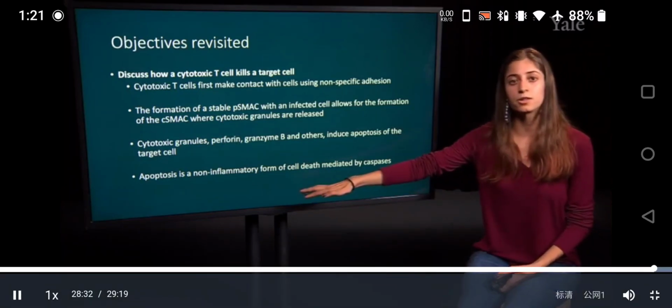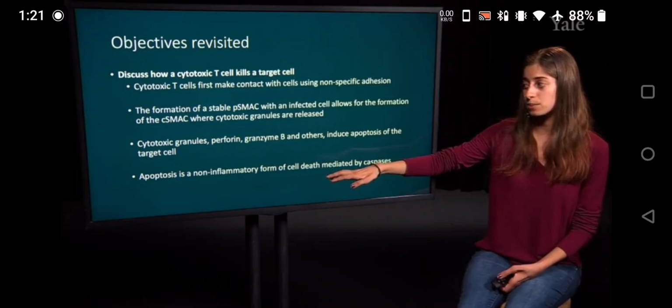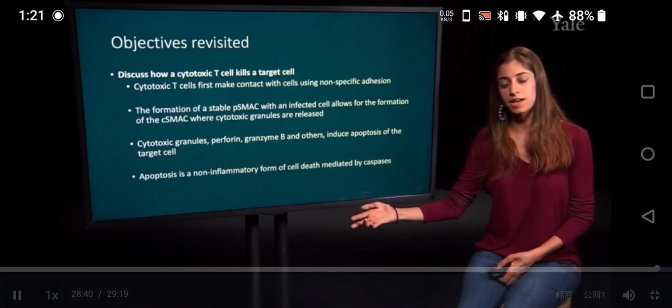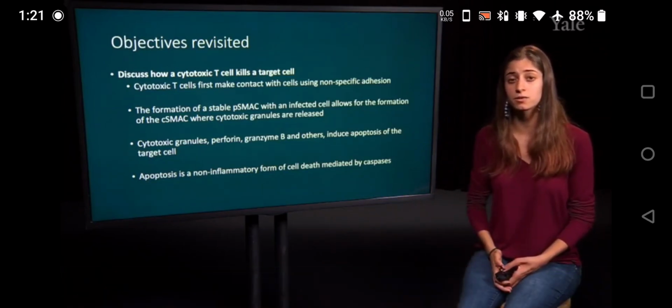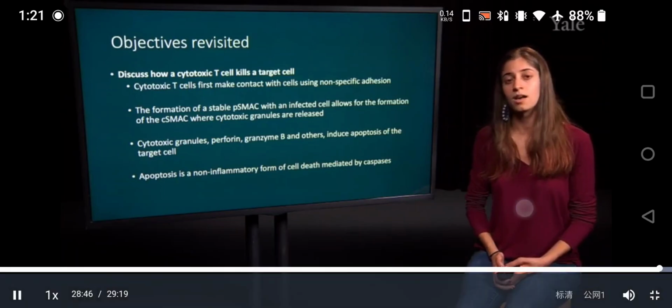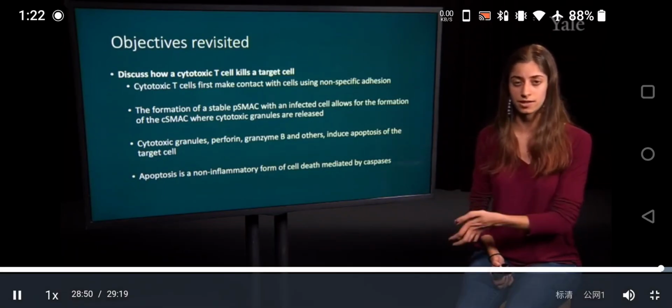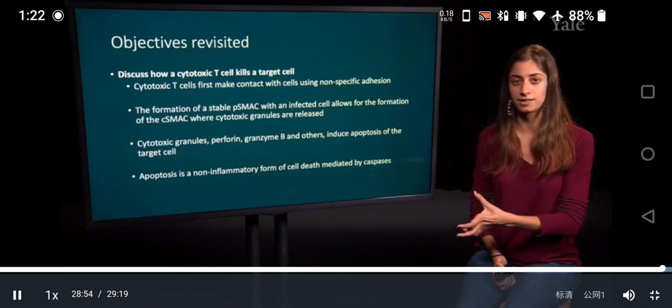We learned a little bit about some of these cytotoxic granules, including perforin, granzyme B, and others. And we finally learned that these cytotoxic molecules will induce apoptosis via cytochrome C release in the infected cell, allowing the infected cell to die without affecting the neighbor cells, minimizing the amount of damage that occurs when a cell is infected.